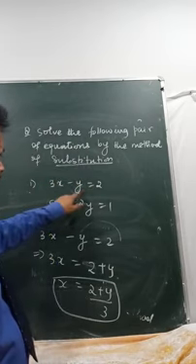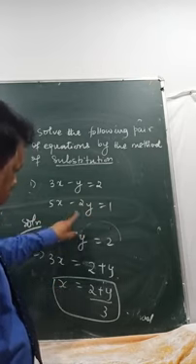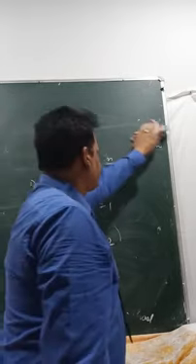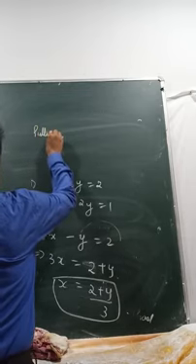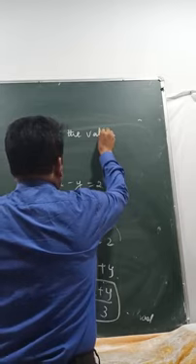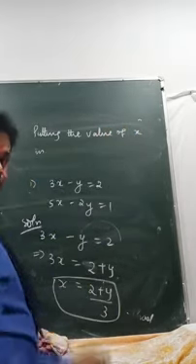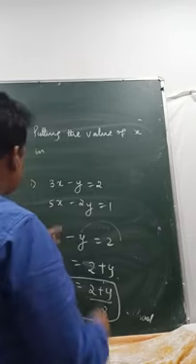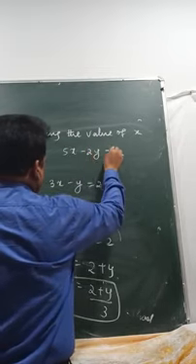First equation. Now this x we will put in the second equation. So putting the value of x in equation number 2. We'll put it in 2. 2 means 5x minus 2y equals to 1.